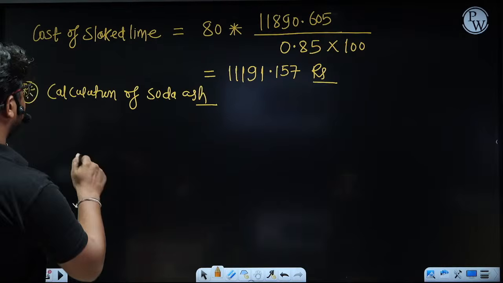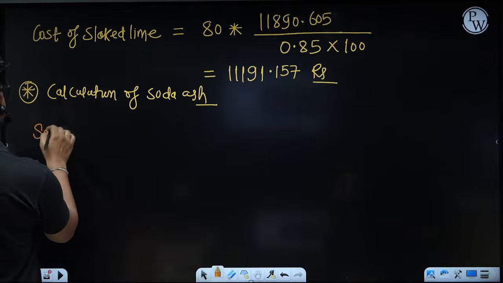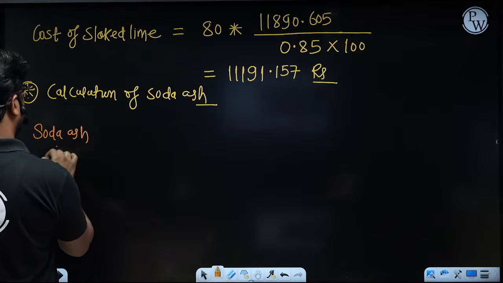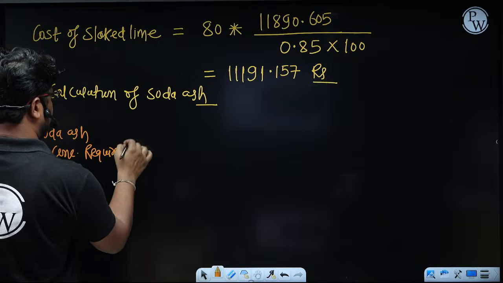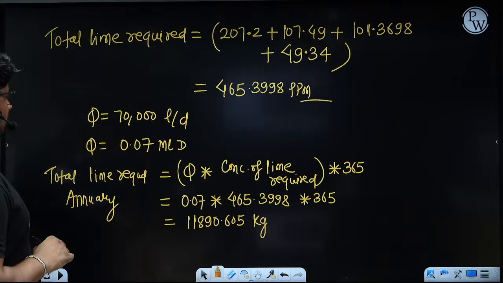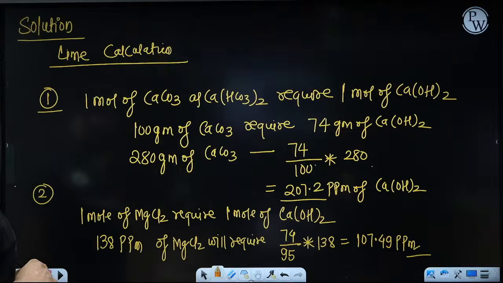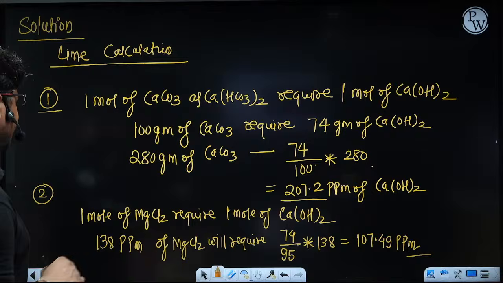Now this time I am directly calculating the soda ash concentration required. First of all, for MgCl2, the molecular mass is 95.